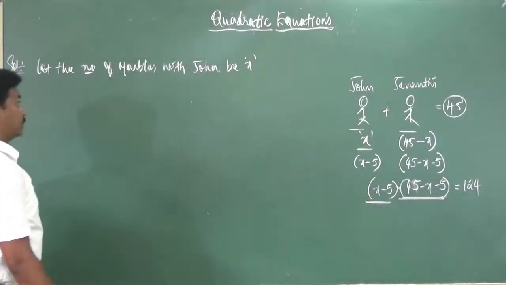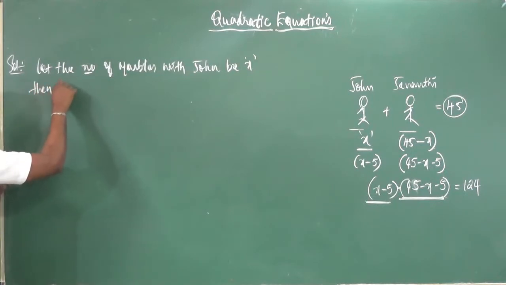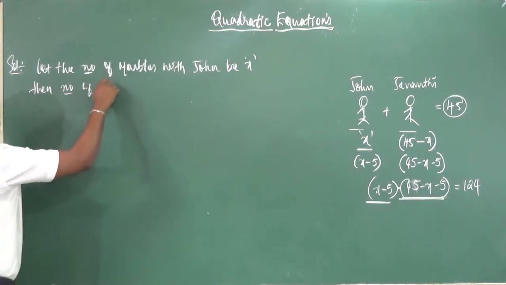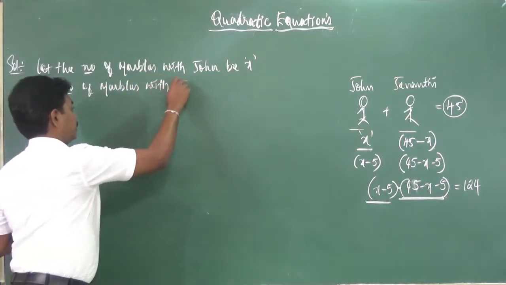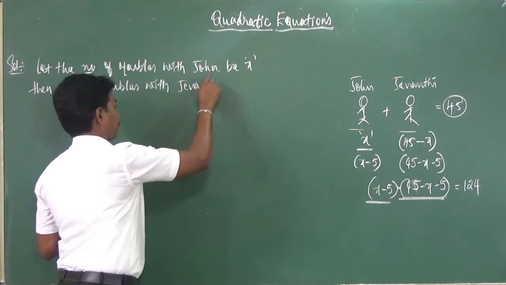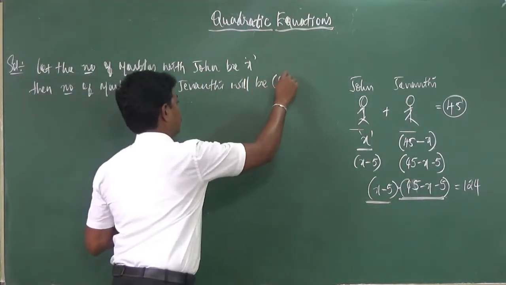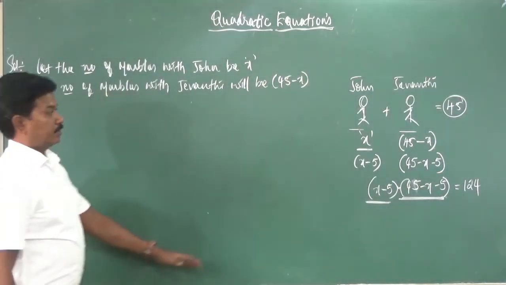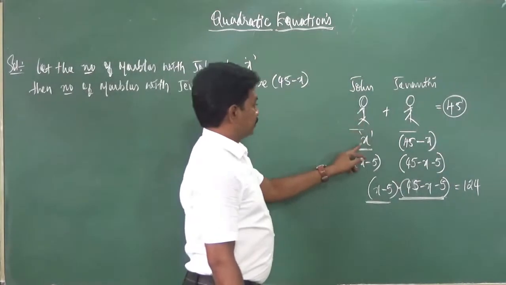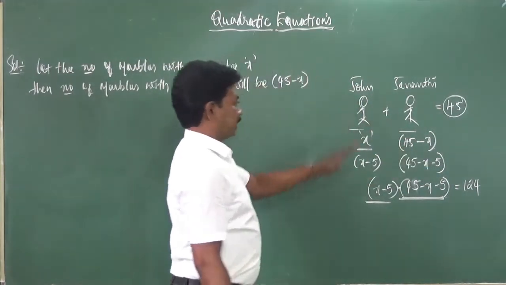Then the number of marbles with Jivanti will be 45 minus x, right? According to the condition I am writing, the number of marbles with John is x, the number of marbles with Jivanti will be 45 minus x, right?